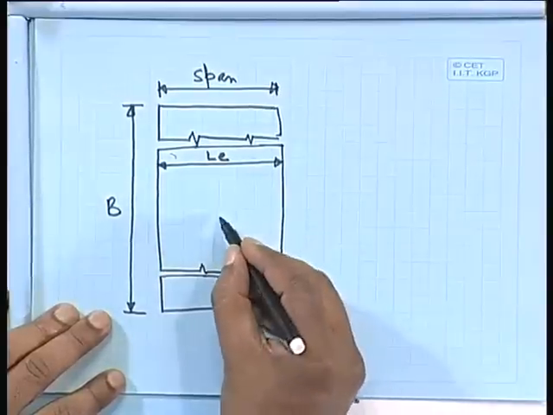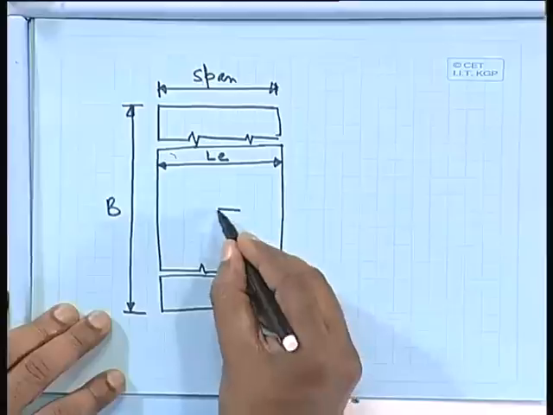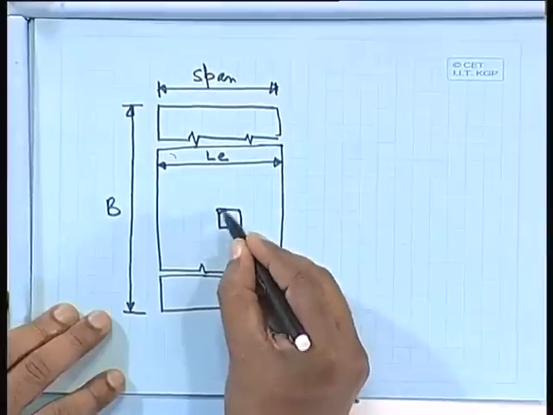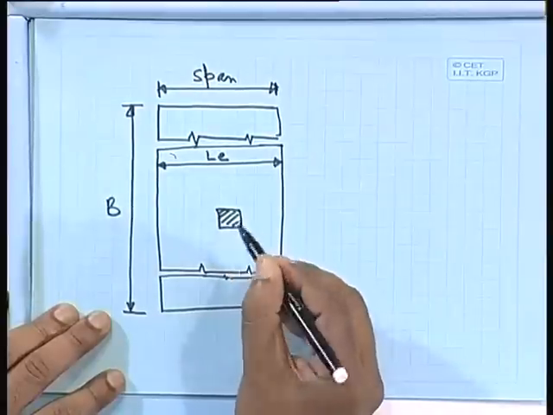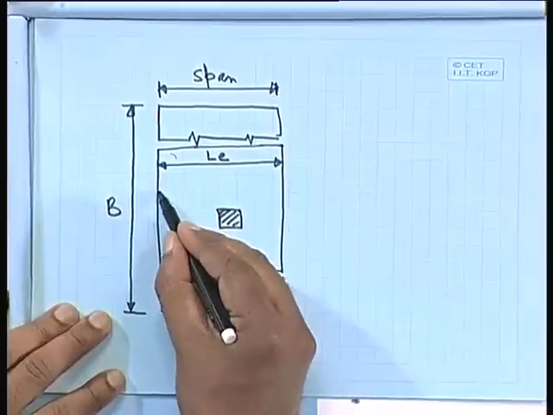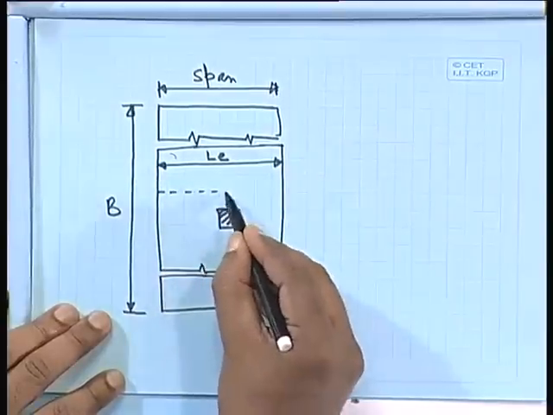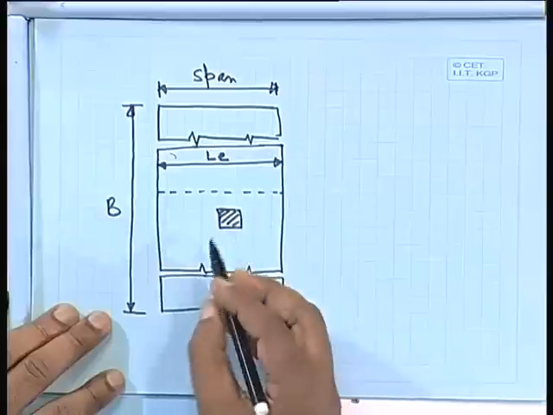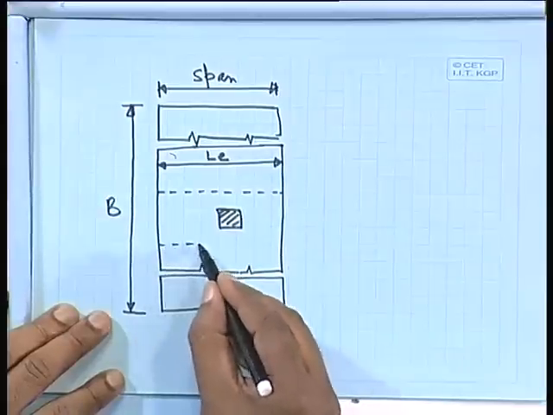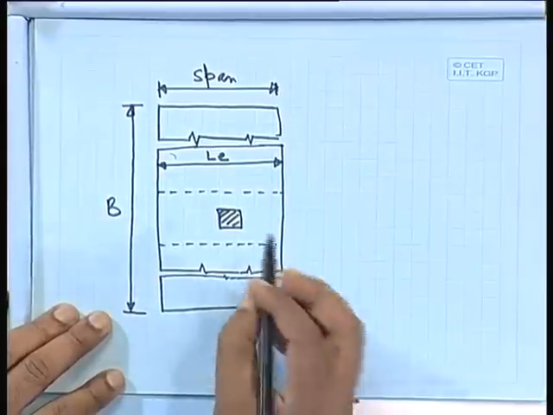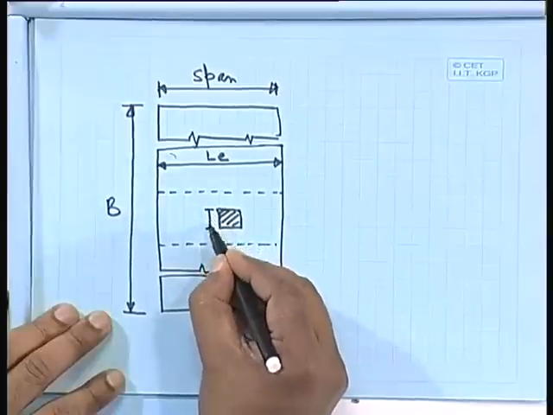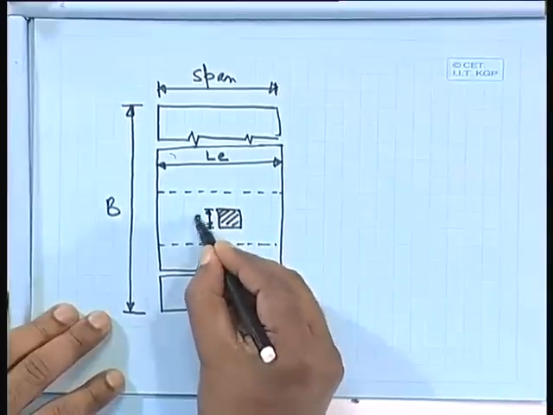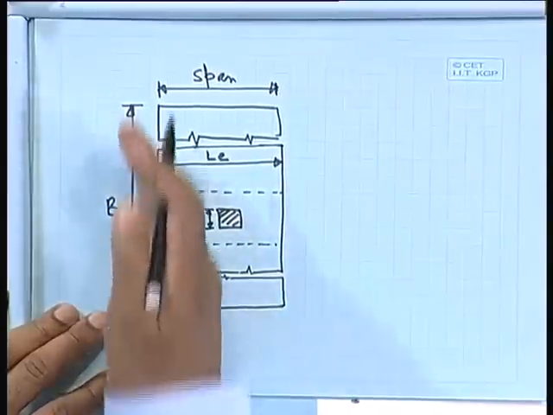We have a certain impression here, either from the tire or any other concentrated load, and after dispersion we get this, which is our A. This is the support, and span means this span.